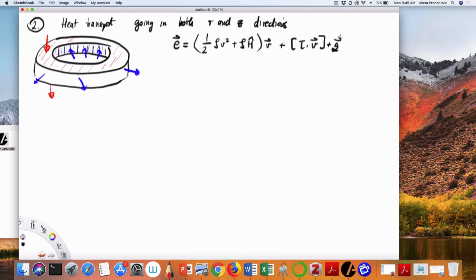Yes? Why are you drawing the arrows outside if the energy flux is going inside? Oh, I'm just drawing them in the coordinate directions. They're going to figure themselves out to be negative.